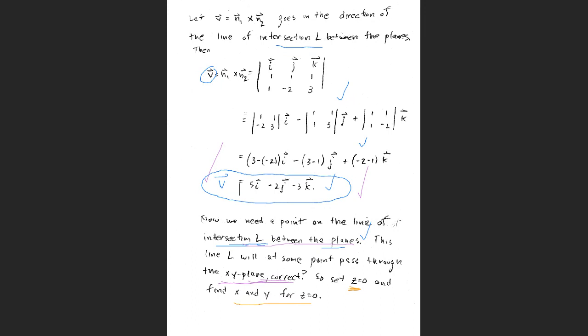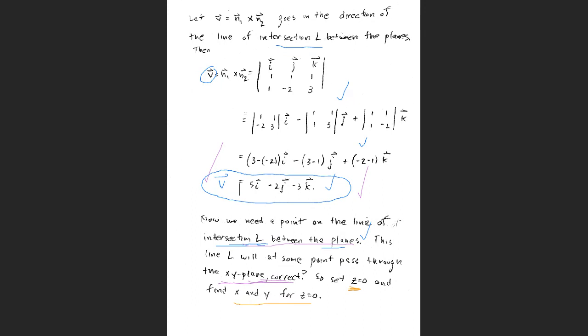Why do I know that the skew line will pass through the XY plane? Well, if the line were horizontal, then unless it were in the XY plane, it would never pass through the XY plane, right?